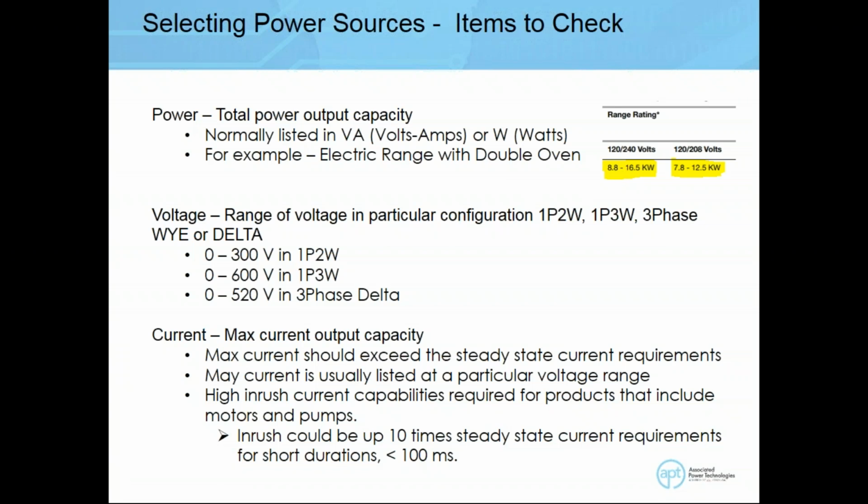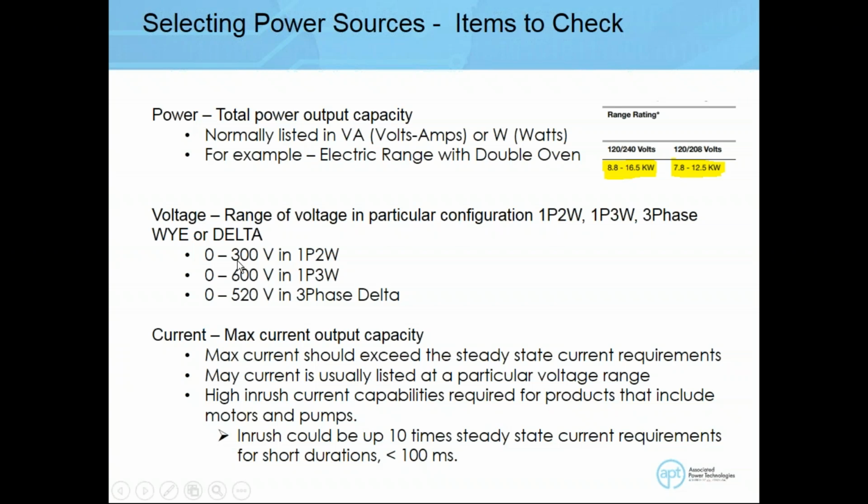Electric ovens or electric ranges have much higher requirements on the current, but a simple example like a vacuum may need maybe 500, 600 VAs. At that point, you still need to make sure the power requirement of the product is met by the output of the power source.